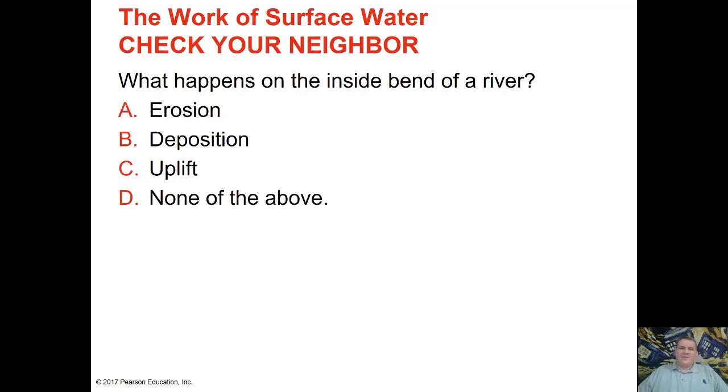All right, now that you've thought about it, what happens on the inside bend? The inside bend is where the water slows, and as the water slows down, it has less energy, so we get deposition. It's actually going to start depositing material.